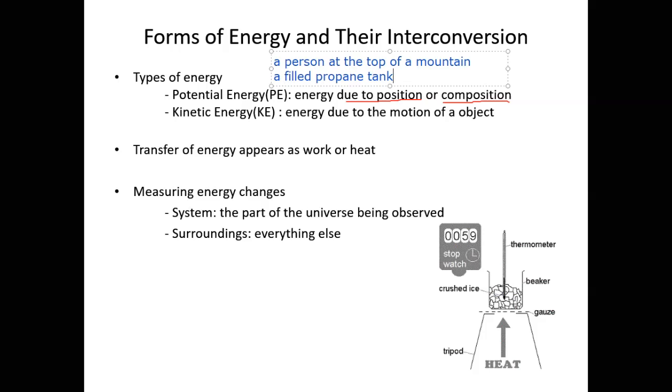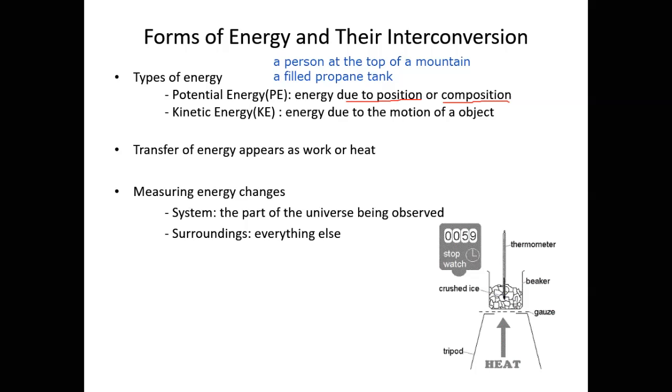Position means the higher up an object is, the more potential energy it has. Or due to its composition, which means its chemical bonds. So for example, propane, there's energy stored in the bonds. When you fill your gasoline tank, there's energy stored in the bonds of that gasoline. So that's actually increasing the potential energy.